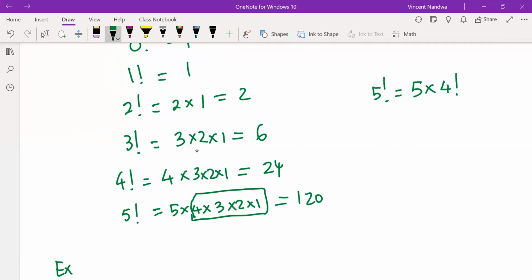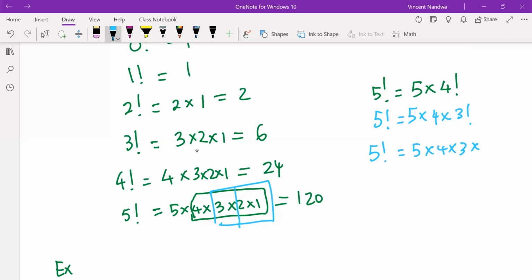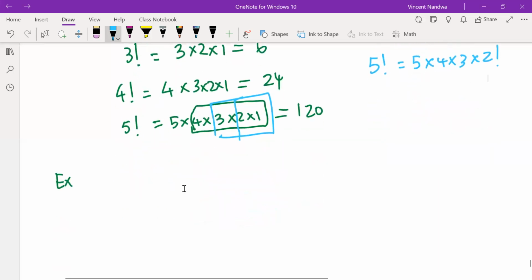Similarly, 5 factorial can be written in terms of 3 factorial as 5 times 4 times 3 factorial. Similarly, I can write 5 factorial as 5 times 4 times 3 times 2 factorial. So the concept of writing higher factorials in terms of lower factorials can help you to simplify some problems.